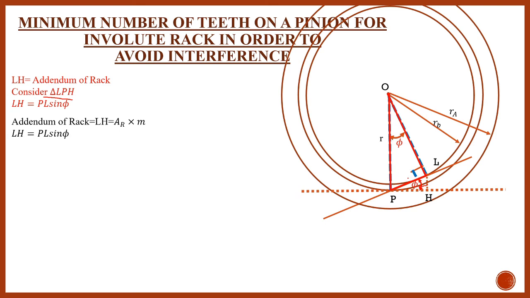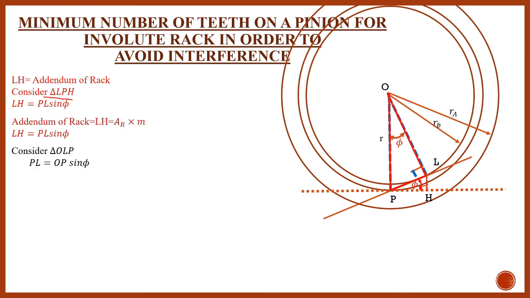LH is equal to PL sin phi, and LH is the addendum of the rack, which is AR into M. So LH is equal to PL sin phi.